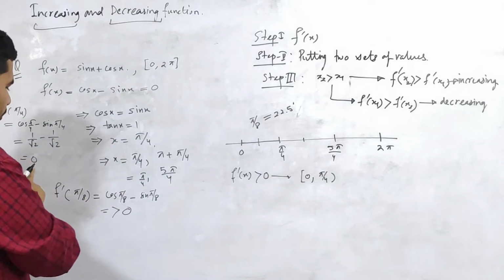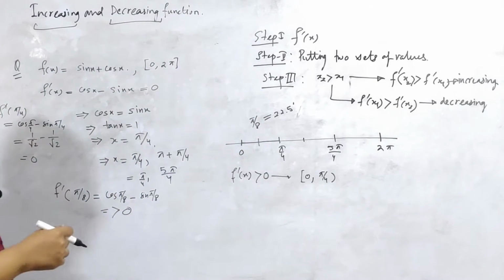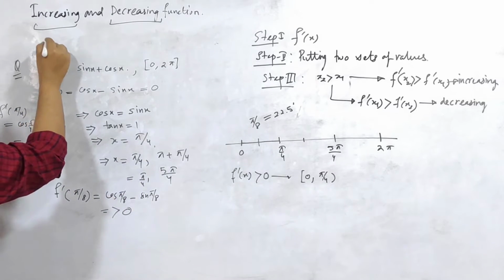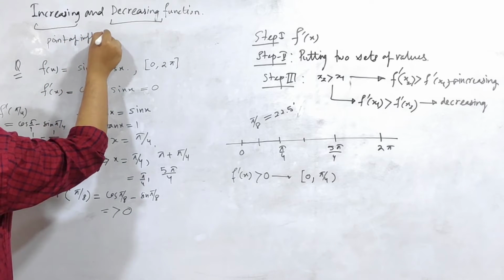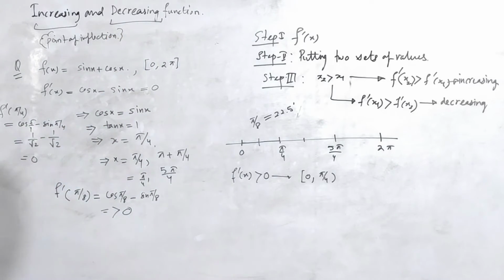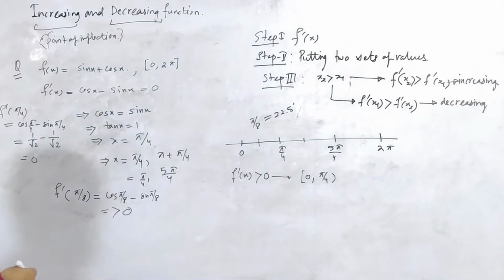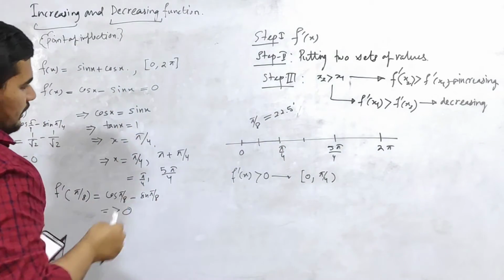We say that a point at which the derivative of any function comes out to be 0 is called a point of inflection. That is at this point, the curve is changing its nature. So this is a point of inflection.